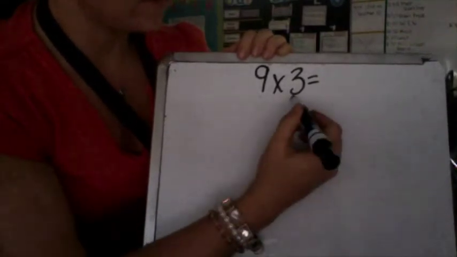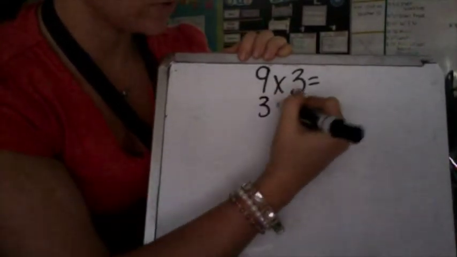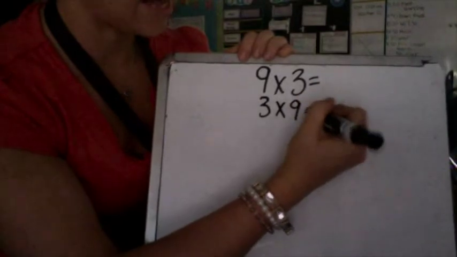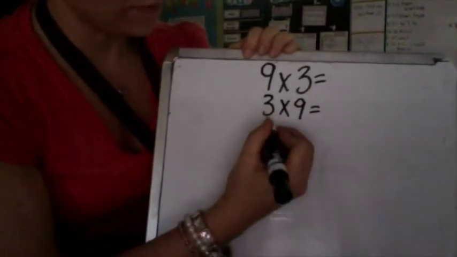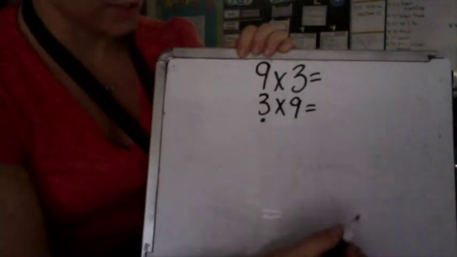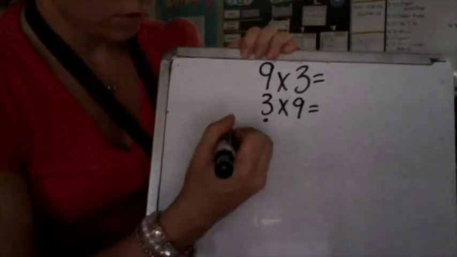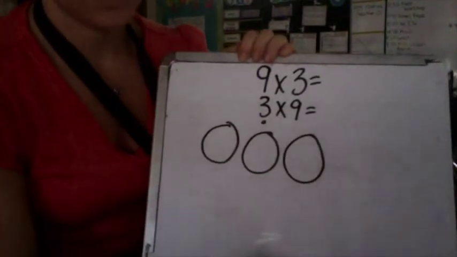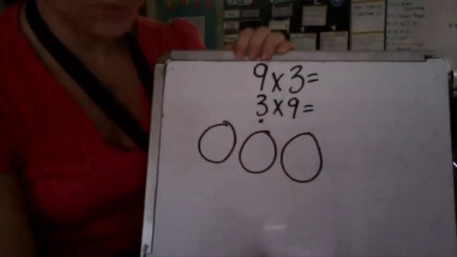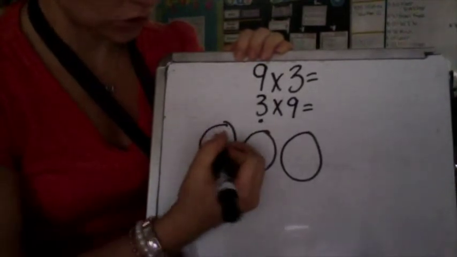So I am going to flip these around and I'm going to do 3 times 9 instead. So now that I flipped it around, my first factor is 3, so I only have to make 3 groups now. 1, 2, 3. Now that I have 3 groups, I can put 9 inside each.